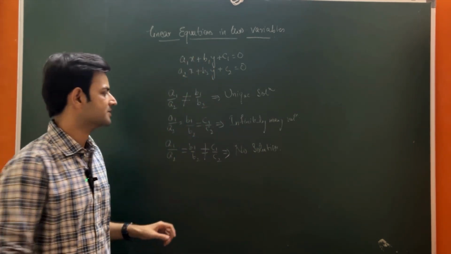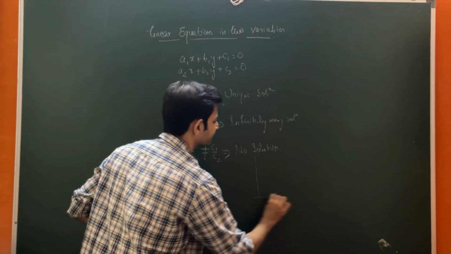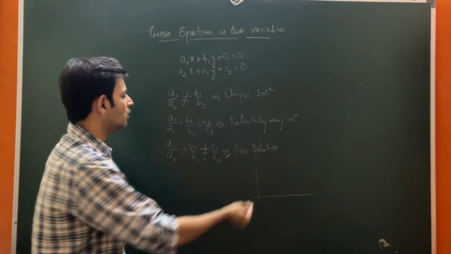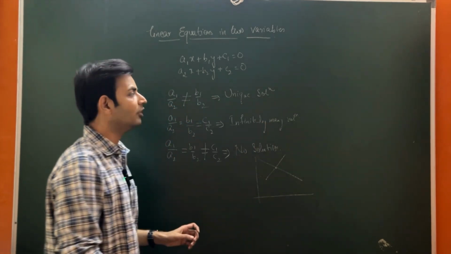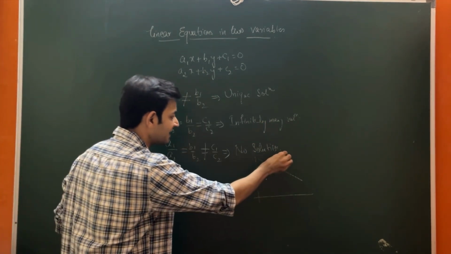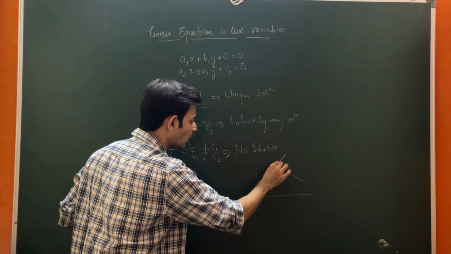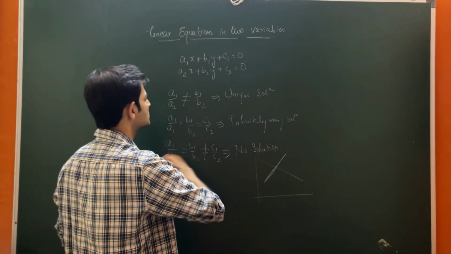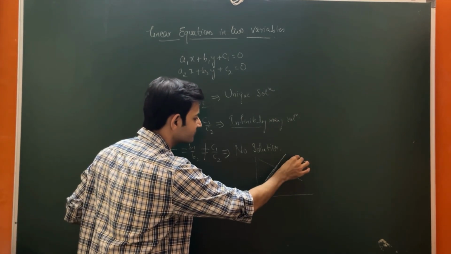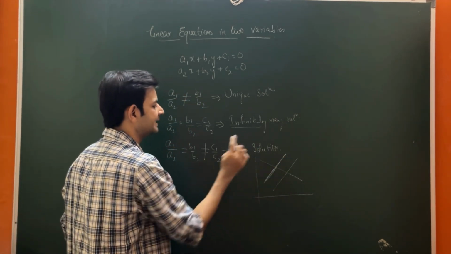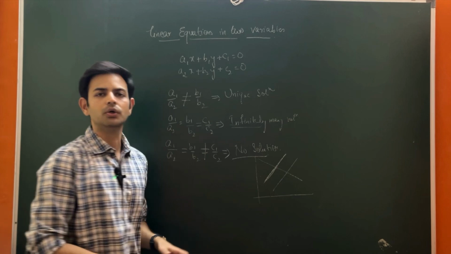They will be parallel lines. So if this is a graph, if the lines intersect just once, this is the case of unique solution. If two lines coincide on each other, this is called infinitely many solutions. And if two lines never intersect like these, it is called no solution.